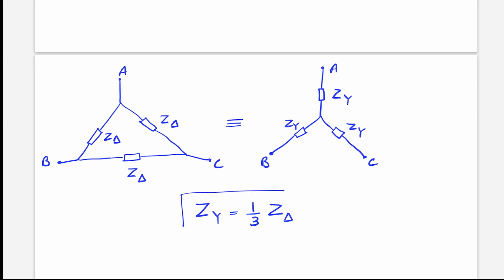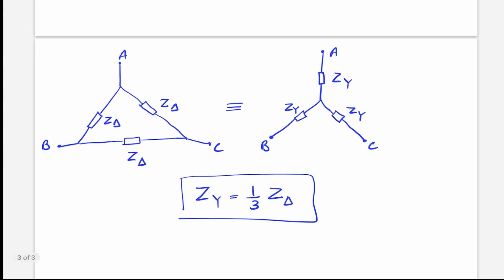So this is very important whenever you want to convert the load from the delta form to the Y form. You just need to take 1/3 of each Z delta to get the ZYs on the Y form of the load.